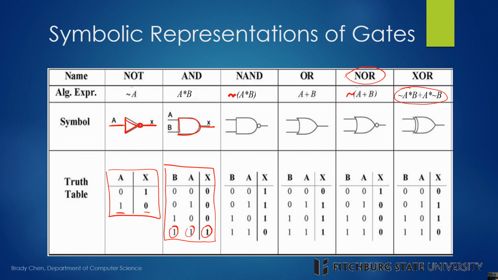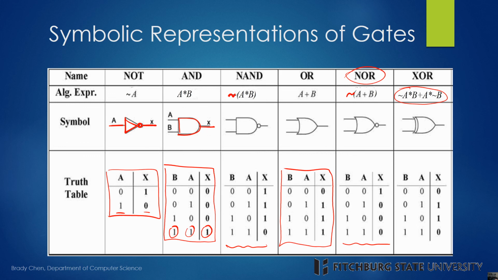So now the truth table for the OR gate, the truth table for the AND gate and the NOT gate are exactly the same as the truth tables we just talked about before. Now the NAND gate is the opposite of the AND gate. The NOR gate is the opposite of the OR gate. So it's also easy to understand.